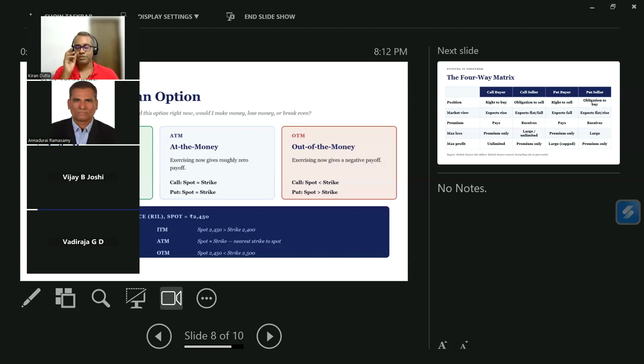What I want you to do is, just after the class, put it on paper. This is my spot. Spot is the current price. Strike is the price that I'm executing.